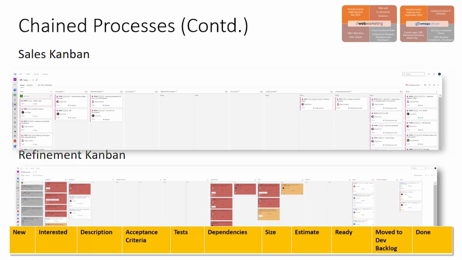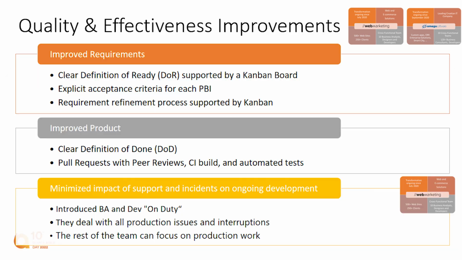Okay, and these are the Kanbans for the sales and for the refinement process. So now that I mentioned the refinement process, introduction of a refinement process had a profound effect on the quality of requirements.